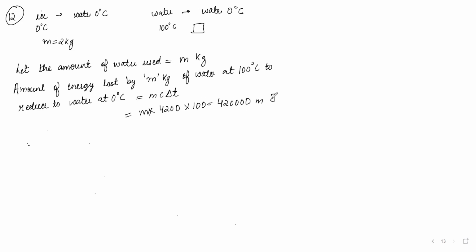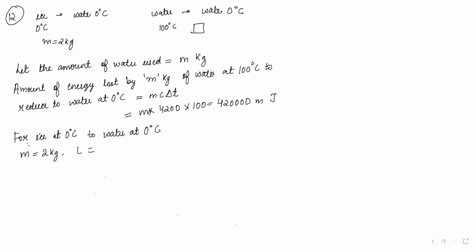Now what you will be writing for ice at 0 degrees Celsius to water at 0 degrees Celsius, mass will be equal to 2 kg. This is what has been given. And since the phase is not changing, so we will be taking the latent heat. So the latent heat has been given as 336 joule per gram, children, which again needs to be converted.